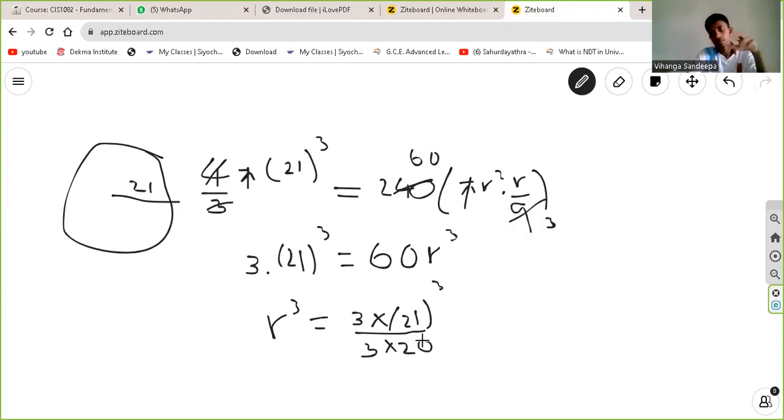Now I am solving this problem according to our answer. Then 3 to 3 cancels. r to the power 3 is 21 to the power 3 over 20.